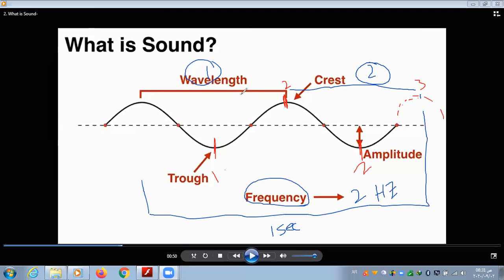I don't understand. What is amplitude? Sorry again, Ahmed. What is amplitude? I didn't explain it yet, but do you understand wavelength, crest, trough, frequency? Yes. Okay, before we move on, let's talk about amplitude.